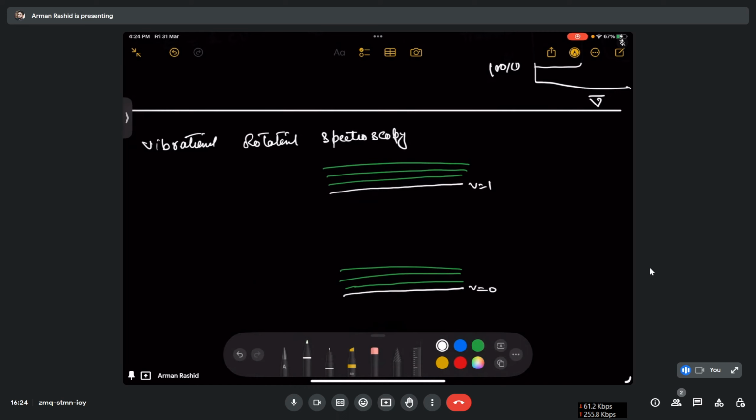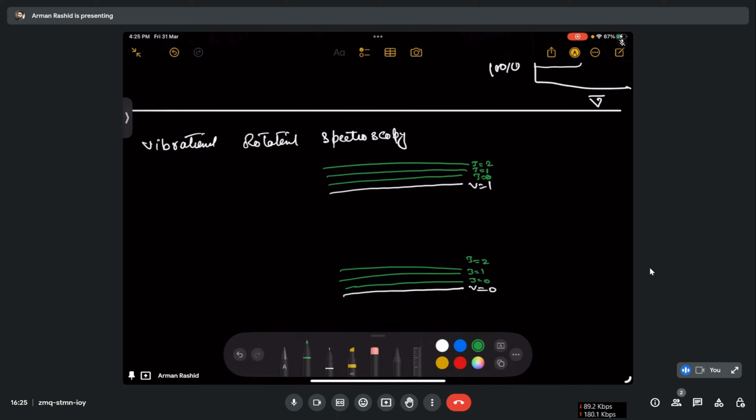Now I'll write j equal to 0, j equal to 1, j equal to 2, and similarly j is 0, 1 and 2 in the upper state. Whole of this is a single vibrational state.